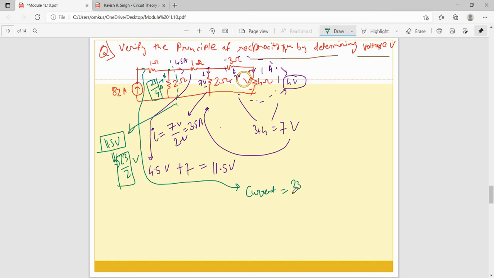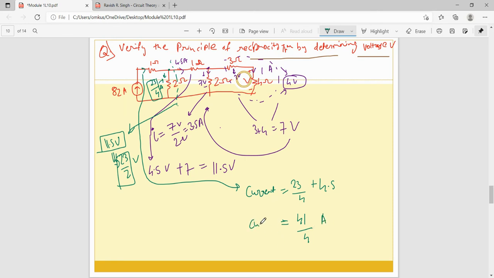So this is 23 by 4 plus 4.5 ampere. So find out this value. When you solve this, you will get 41 by 4 ampere, right?